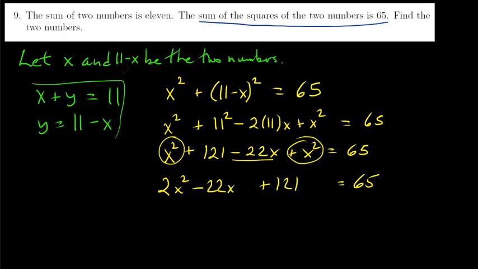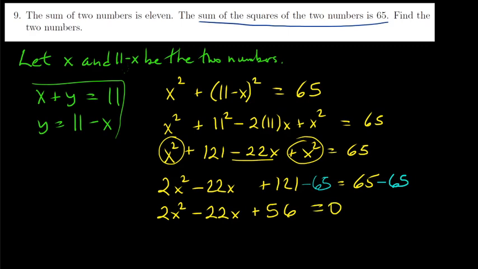So this is starting to look like a quadratic equation. But to get 0 on the right, we'll take away the 65 from both sides. And that leaves us with 2x squared minus 22x plus, well, 121 minus 65. Looks like 58. I'm sorry, 56. Yep, 56 equals 0, right?